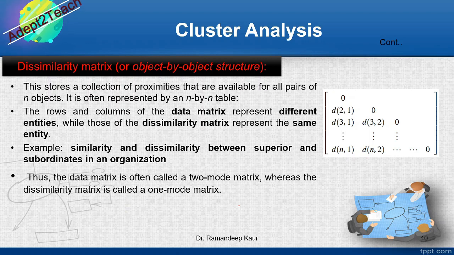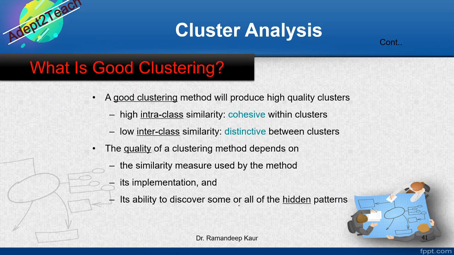I am considering an employee of the organization with respect to a superior person in the organization. Both are employees, a subordinate versus, let's say, a superior. So both belong to the category employee, and my matrix is employee versus employee. When I make this employee into employee structure, it is called a dissimilarity matrix.